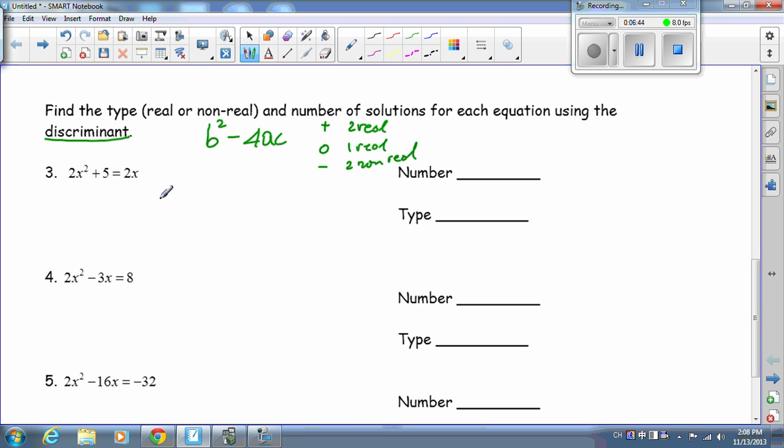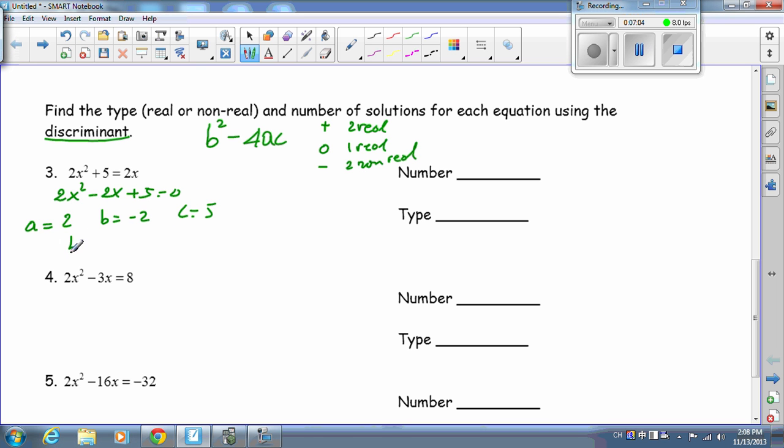Let's apply it here. First thing is to make sure that it's written properly. So I will rewrite it as 2x squared minus 2x plus 5 is equal to 0. So here my a is equal to 2, b is equal to negative 2, and c is equal to 5.